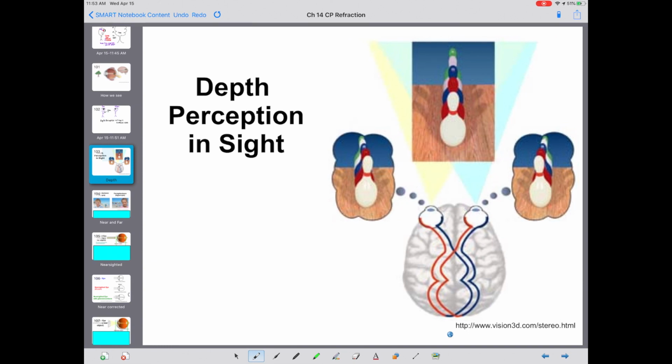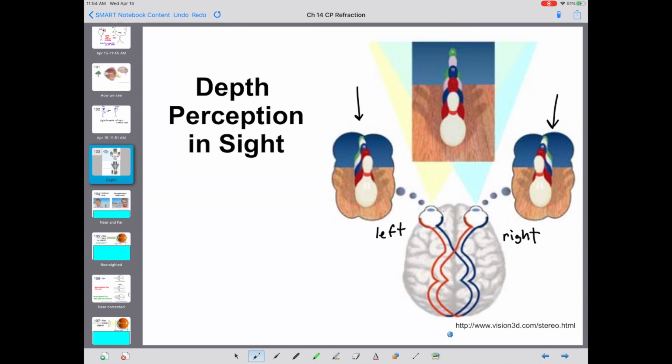Again, greatly lacking any relevant biology, but your eye over here on the right side sees a little bit different image, slightly around the right side of the bowling pins. Your eye over here on the left side sees slightly around the left side of the bowling pins.